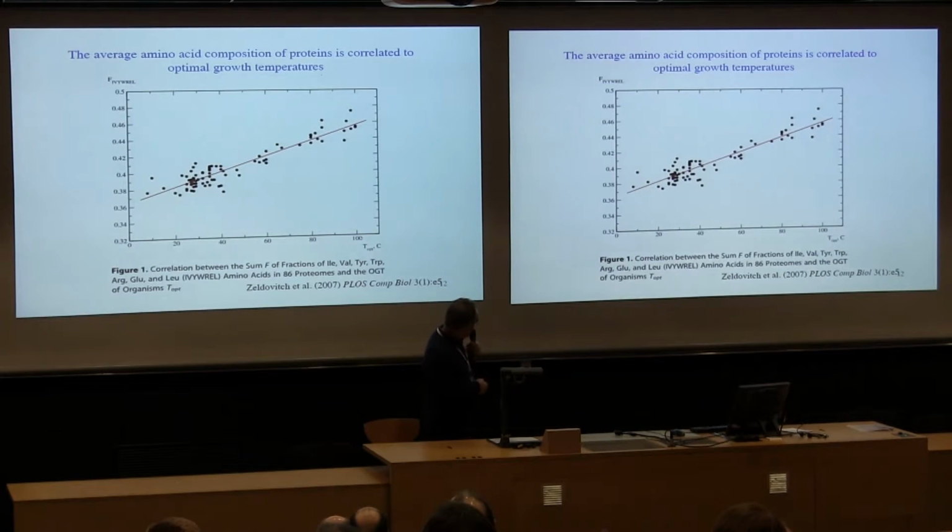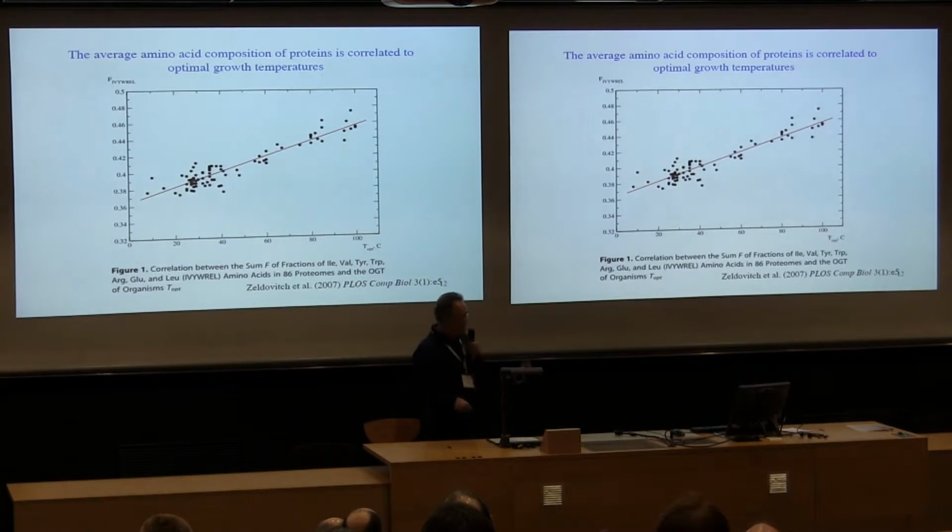There are a number of ways to represent how these vectors of 20 amino acid frequencies vary across organisms. A very simple way is to count the frequency of these 7 amino acids, so isoleucine, valine, tyrosine, and so on, and to plot that as a function of the optimal growth temperature of the organism.